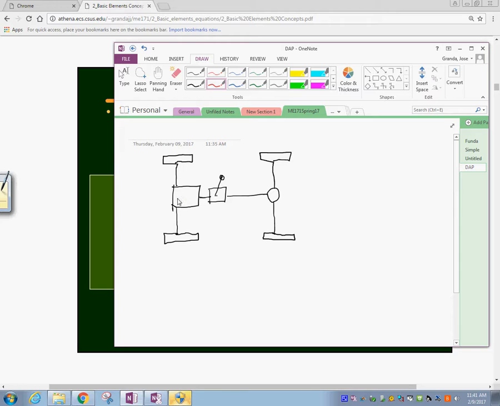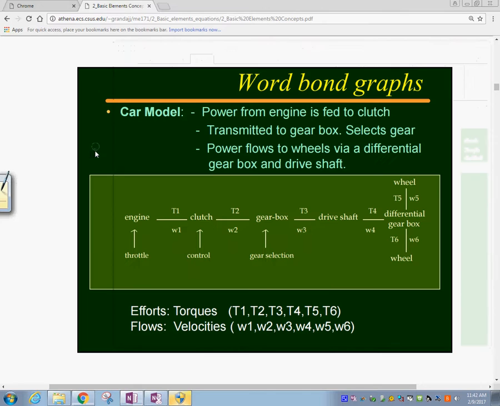So this is the motor in here, and this is the gearbox, and then you have the differential here. Alright, so if you use words, look what you can do.